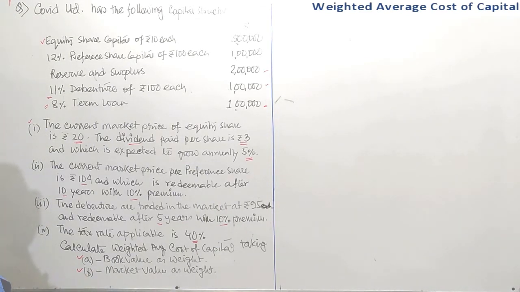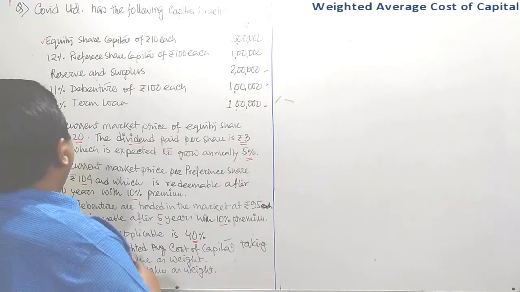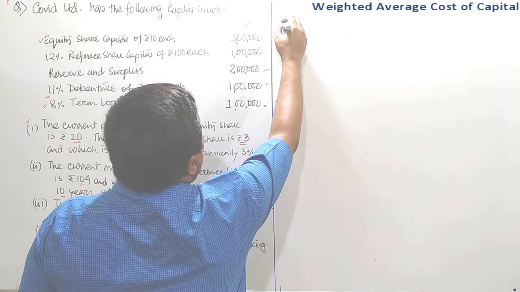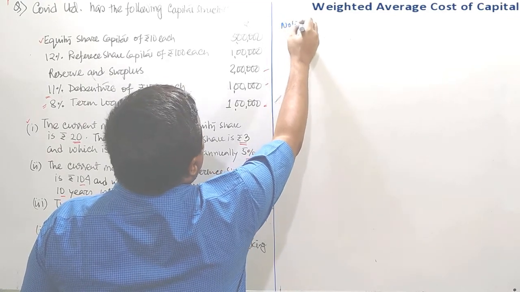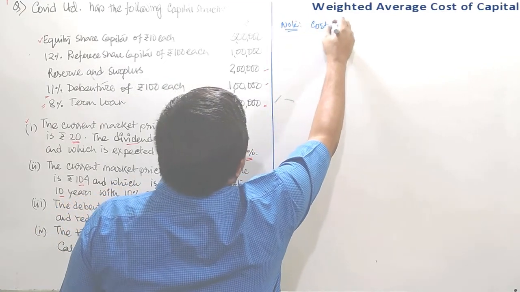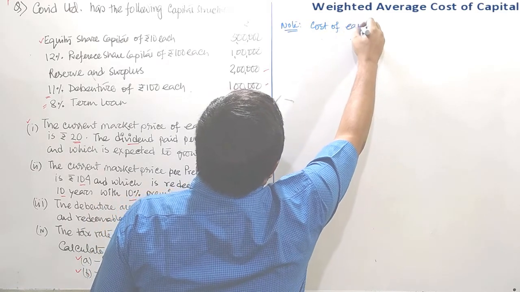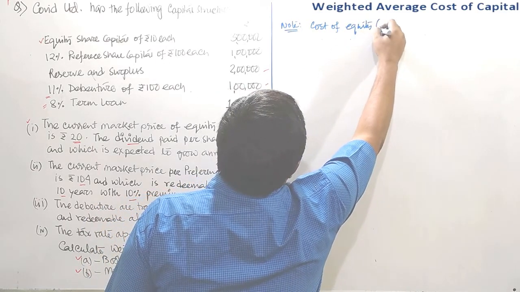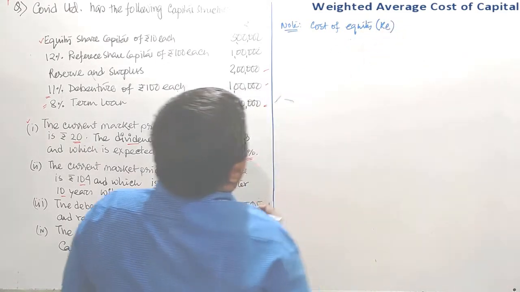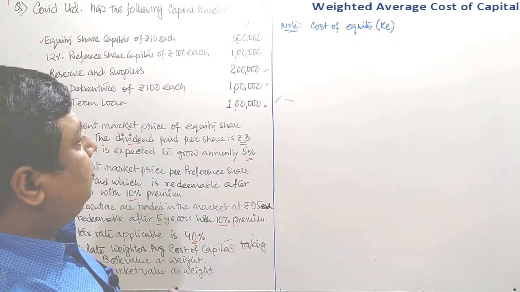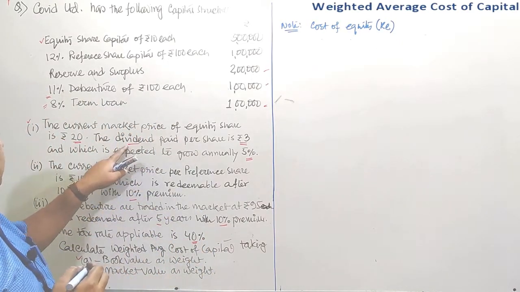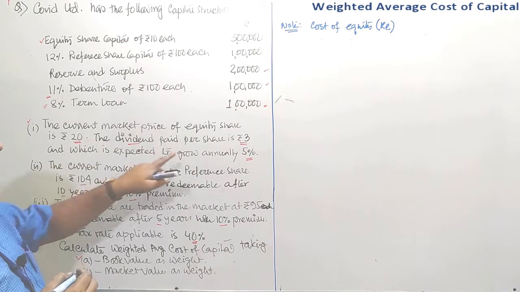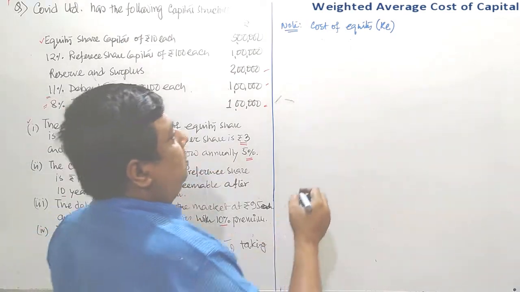First let me calculate the cost of each and every component. First we calculate the cost of equity, in short termed KE. What is the formula of KE? Dividend, market value, and growth rate are all available.